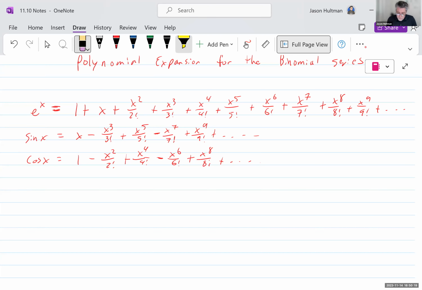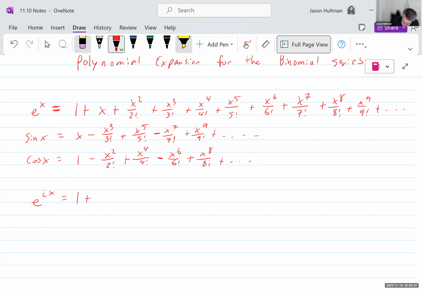So what was noticed was some interesting things happen when we deal with imaginary numbers. If I let e to the ix, and we plug in this imaginary number, the square root of -1, kind of weird, we get the following power series.